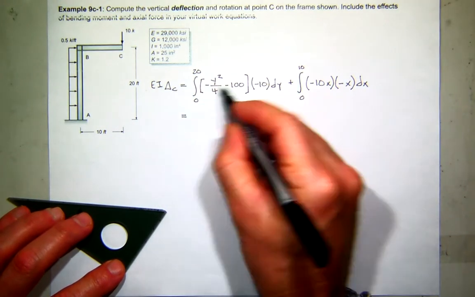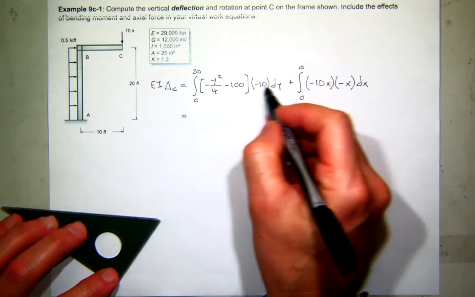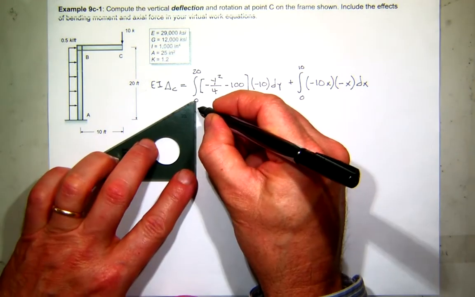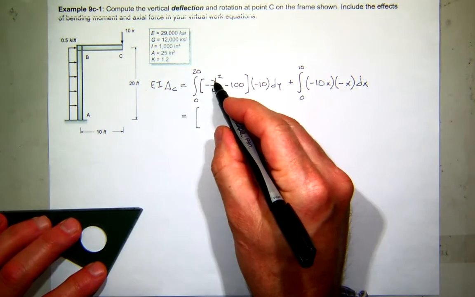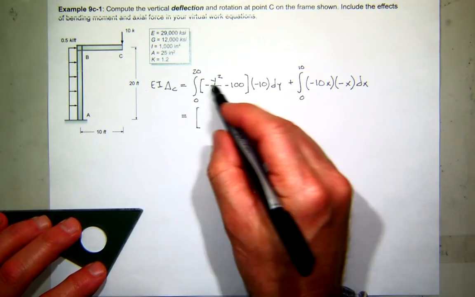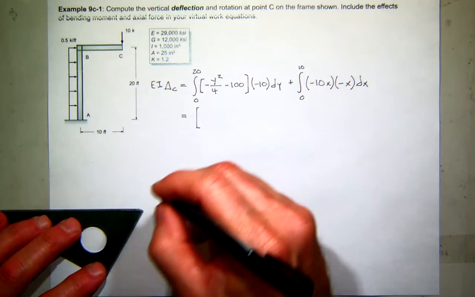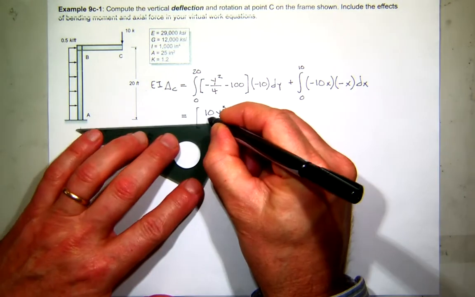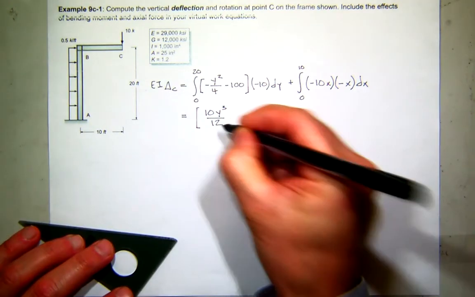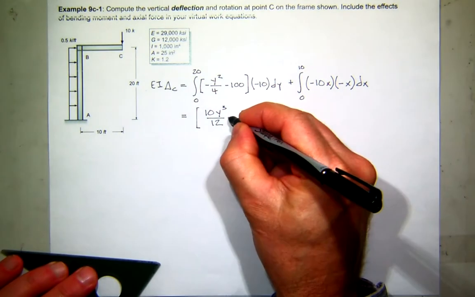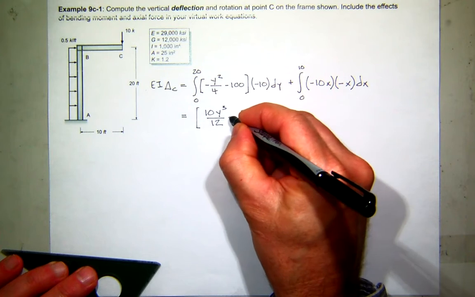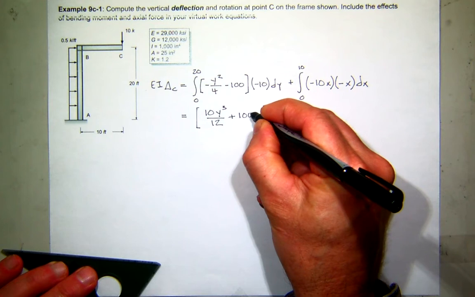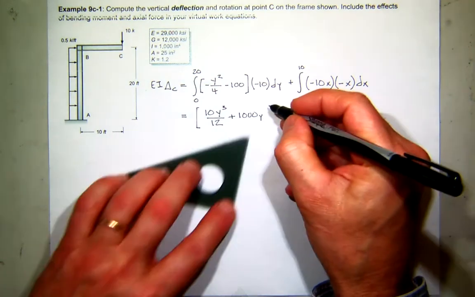So multiply everything by 10. I'm just going to leave that fraction there, so I'm going to end up with the first integral being 10y squared over 4. So that's going to be 10y cubed over 12 plus 1,000, and then integrated in y will be 1,000y.